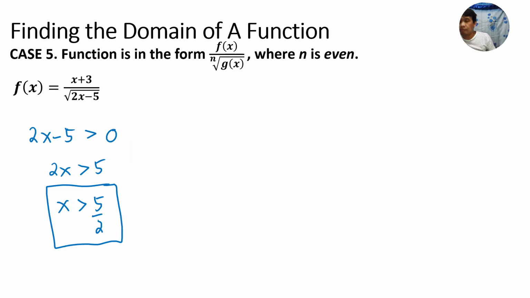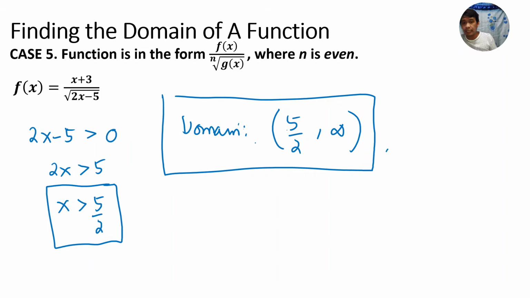The restriction on top is gone, because that is a polynomial. Therefore, my domain is 5 halves, infinity. Open parenthesis, since it cannot be 5/2. So, this must be the domain of that particular function. It cannot be 5 halves, because if it becomes 5 halves, the denominator becomes 0, which is a no-no.